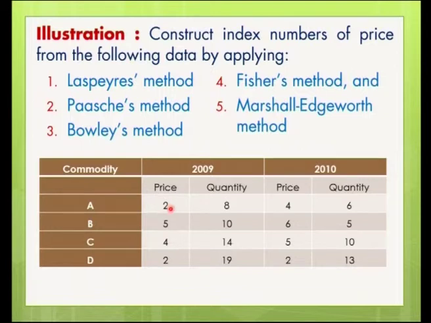For the base year 2009, price values are 2, 5, 4, 2 and similarly quantity values are given. Similarly, price values for the year 2010 are given as 4, 6, 5, 2 and quantity values for the year 2010 are 6, 5, 10, 13. These values are given. Just we will go ahead in finding the index numbers by the 5 methods mentioned here.